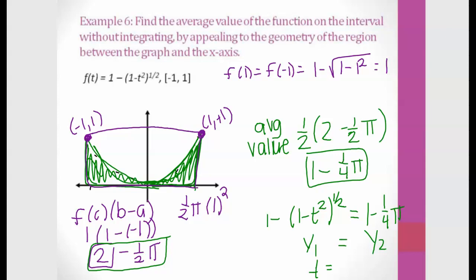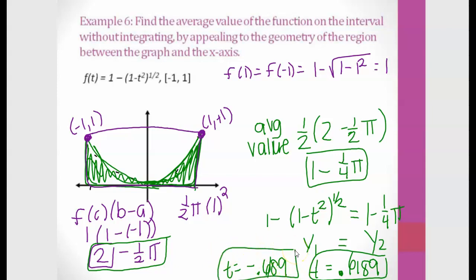I would find those points by doing second trace intersect. And I get that it occurs at t equals 0.618. And then it would also occur at t equals -0.618, because it's symmetric.